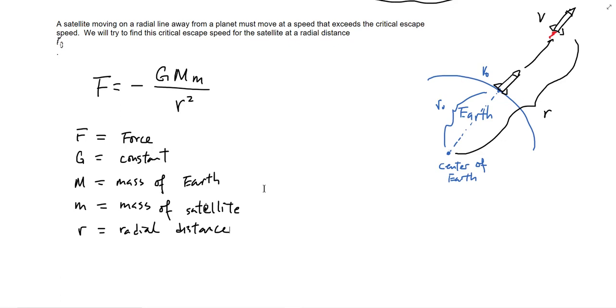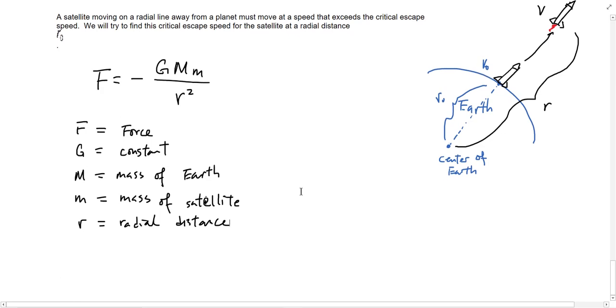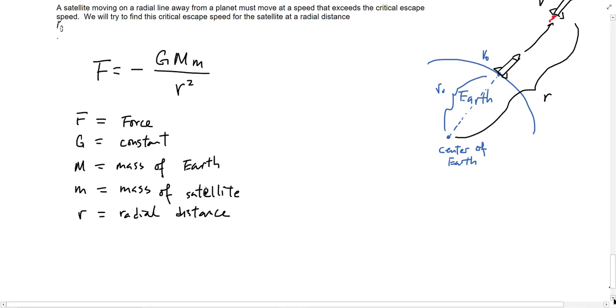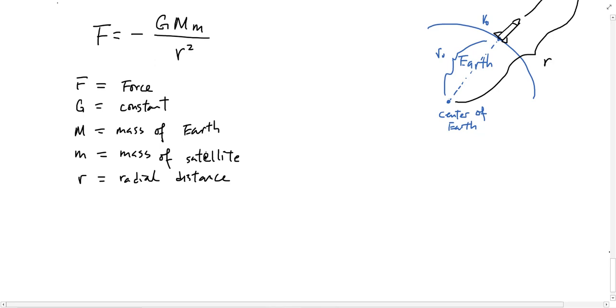But that's not true, because you learned Newtonian physics. And Newton's law of motion dictates that any object that's under some kind of force must accelerate. And when it accelerates, the force exerted on the object relates to the mass and the acceleration of the object. Which means in this formula, F equal to negative GMm over r squared, F is also equal to mass times acceleration.